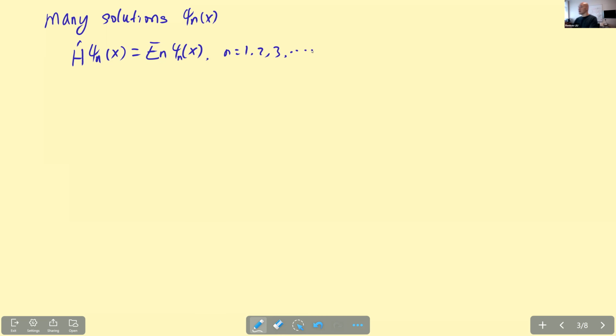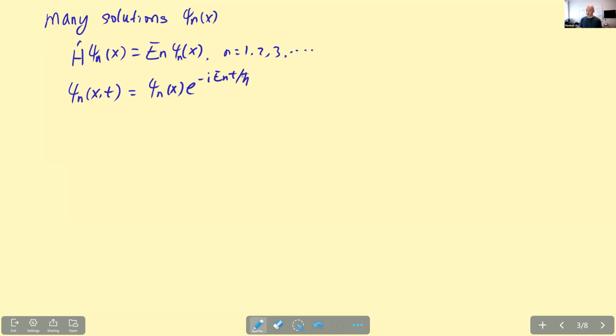So you can have many of them. And for each of these, you have the solution psi(x,t), which, according to what we derived earlier, will give this one.